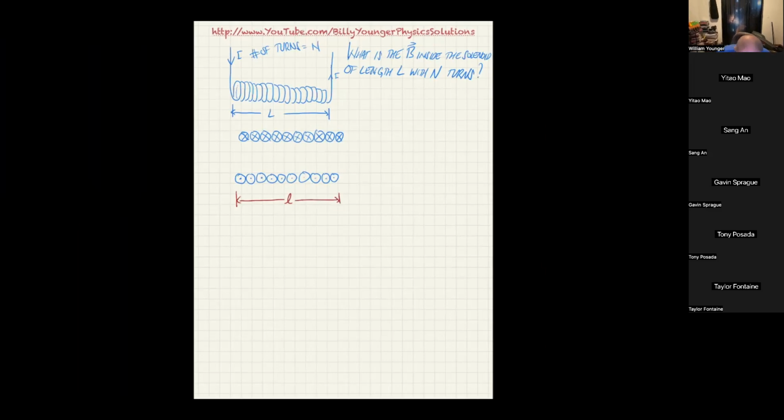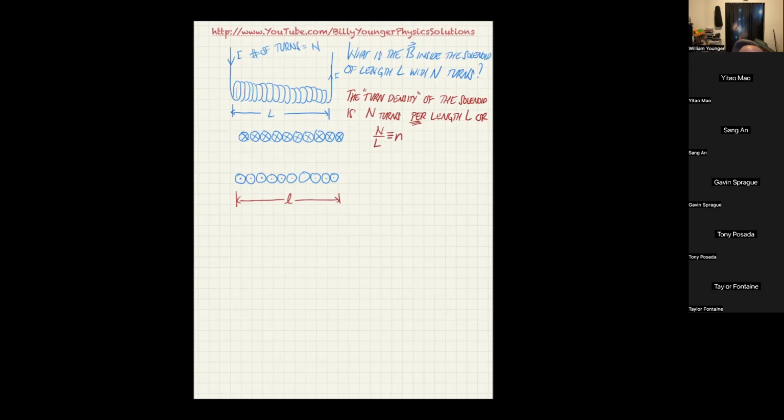We know that the turn density, this is a phrase I'm making up right now, of the solenoid is N turns per length L, or N over L equals lowercase n.